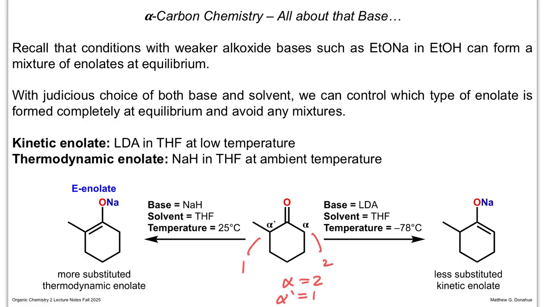Alpha has 2 hydrogens, alpha prime has 1. If we take our ketone with sodium hydride and THF at room temperature, that's going to select for the thermodynamic enolate. So remember, that's coming from the alpha carbon with the least number of hydrogens. It generates the more substituted alkene.